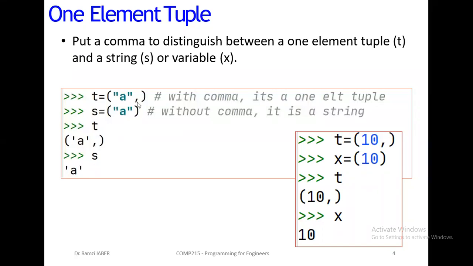So the comma in a tuple is very, very important. Also with numbers: t equals 10, comma, t is a tuple with one element 10, comma, null. x equals 10 between parentheses, x is an integer variable. It's not a tuple. So be careful about tuples. We must put a comma.